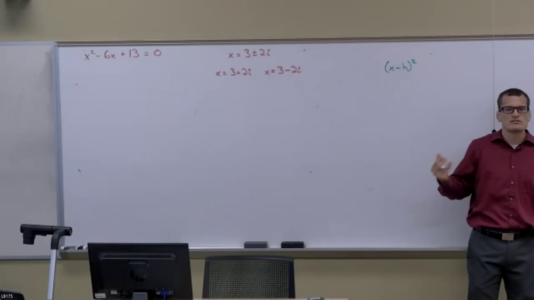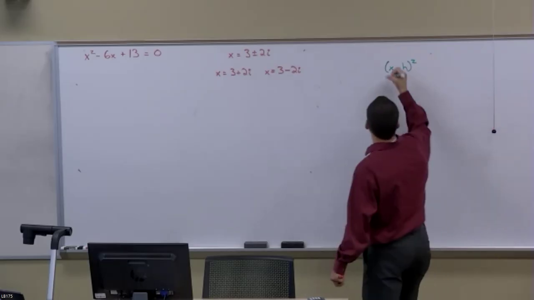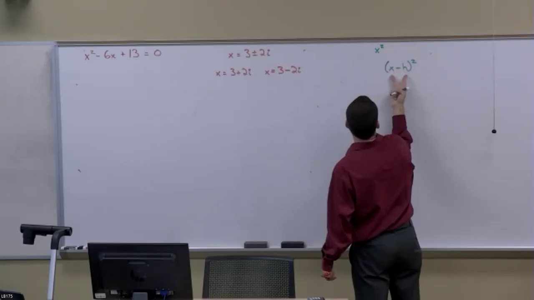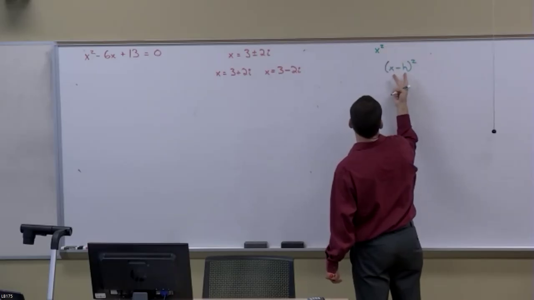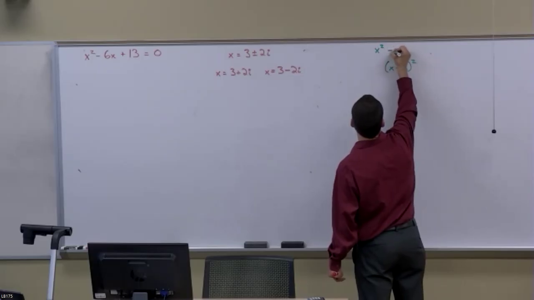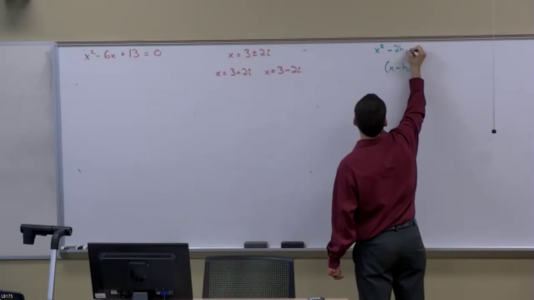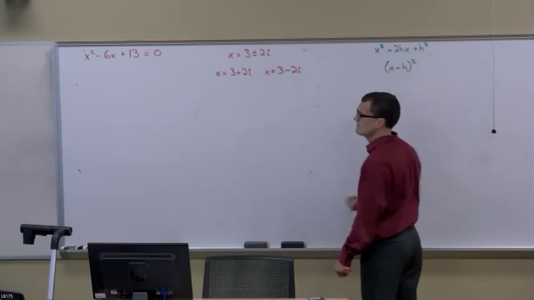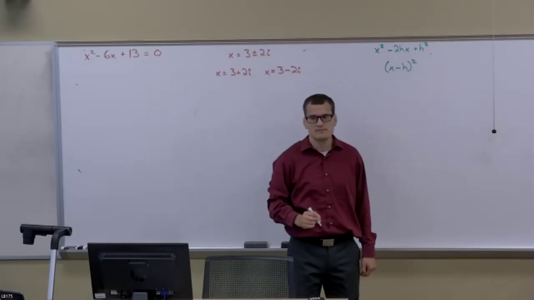Now, here's the trick. If you multiply out x minus h times another copy of x minus h, you get x squared minus 2hx plus h squared. You okay with that?